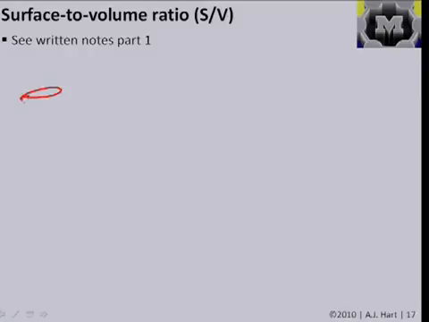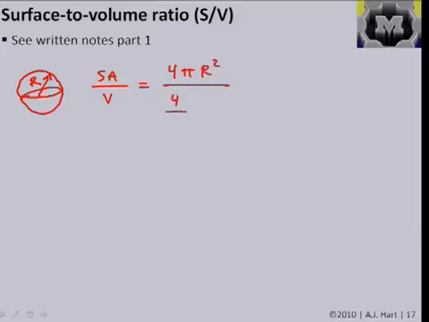But if we look at, for example, a sphere which has a radius r, and we just calculate the ratio of the surface area to volume, the surface area of a sphere is just 4 pi r squared, and the volume is 4/3 pi r cubed.